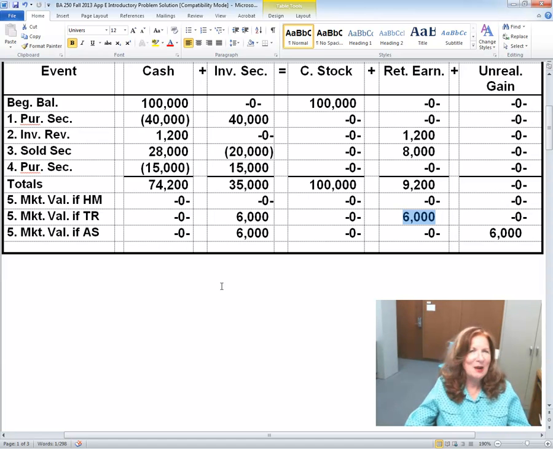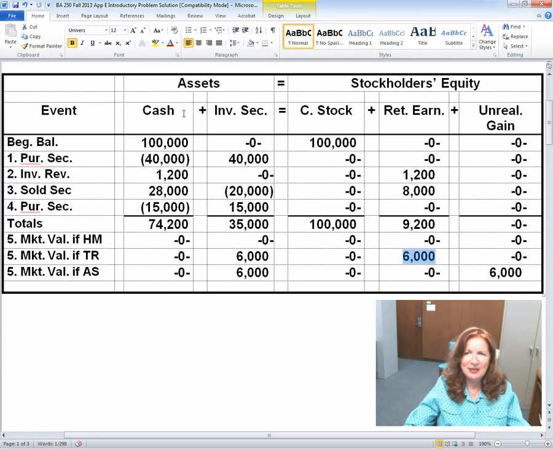So now we're going to look and see how these numbers come into financial statements. Now I'm going to come back up here. These are assets, so we would expect to find this cash balance and the investment security balance. In fact, we would expect to find 41 in the investment securities in the assets. For the common stock, we have 100,000.